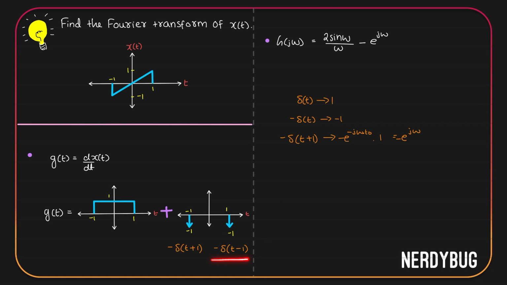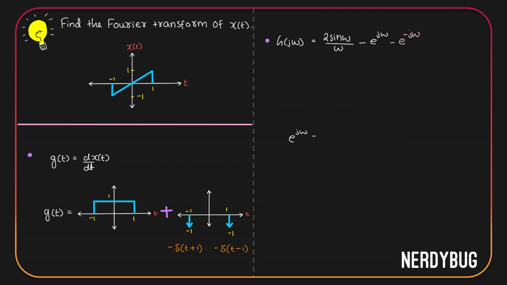Similarly, we want the Fourier transform of minus delta of t minus 1. For minus delta of t minus 1, t naught is plus 1. So we will get minus e raised to minus j omega. Let's add it here, minus e raised to minus j omega.